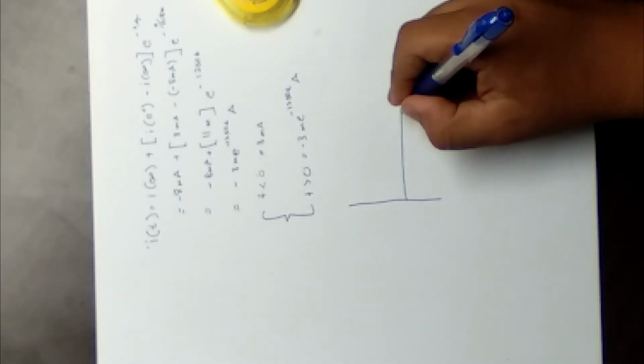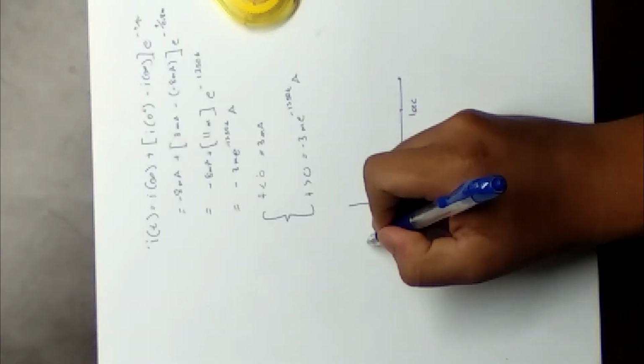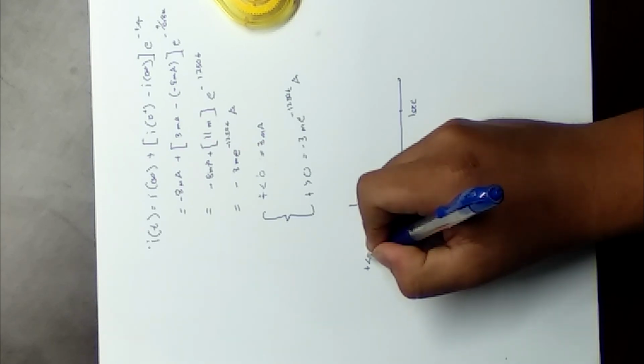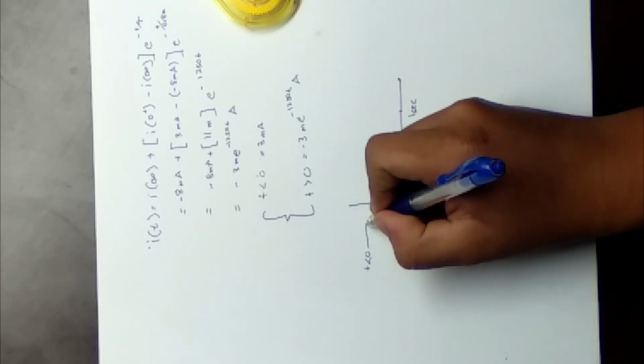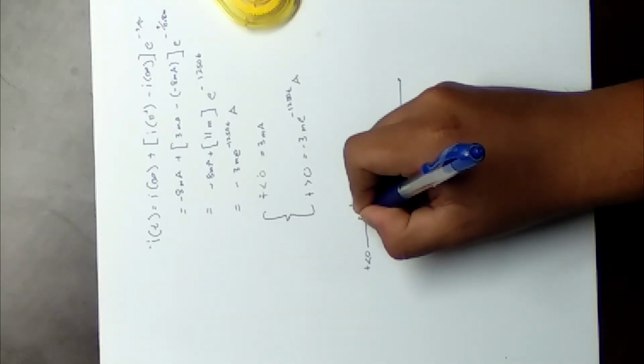We assume that the time is 1 second, and t is less than 0. You can get 3 milli.